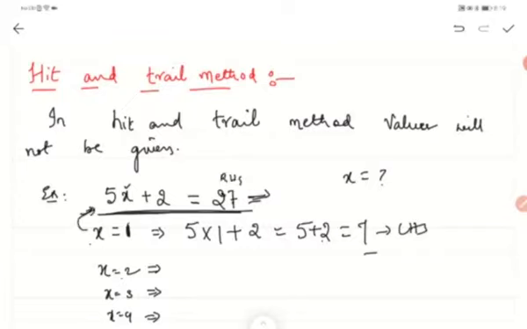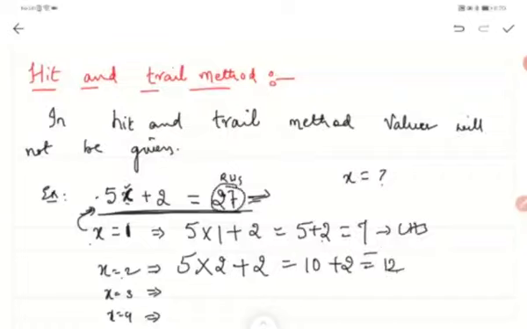Let's put x equal to 2 in this equation. Instead of x you are putting 2 here. So 5 into 2 plus 2, this is 10 plus 2, so we are getting 12, but here it is 27.